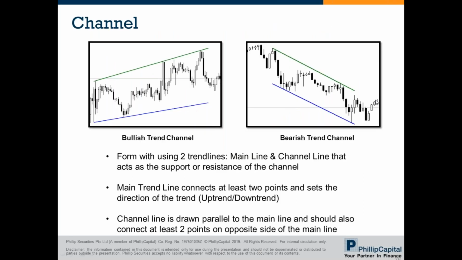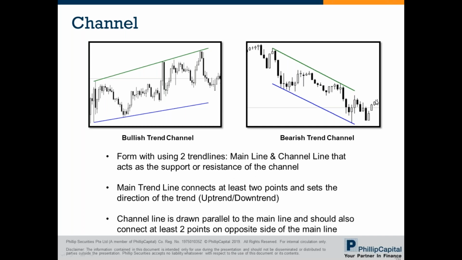Now we move on to the channel. This is actually very similar to what I've covered earlier on in how you identify support and resistance in a trending market. It is formed mainly using two trend lines, a main line and a channel line, which act as the support and resistance. It connects 2 to 3 points, which form the uptrend or downtrend channels.